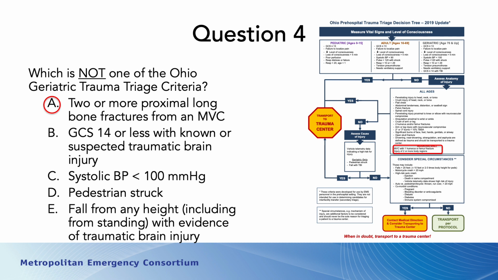Systolic blood pressure of less than 100. For non-geriatric adults, it's less than 90. Any geriatric person who is struck by a car meets criteria for transport to a trauma facility. And again, any fall from height, including standing, with evidence of TBI, requires transport to a trauma facility.